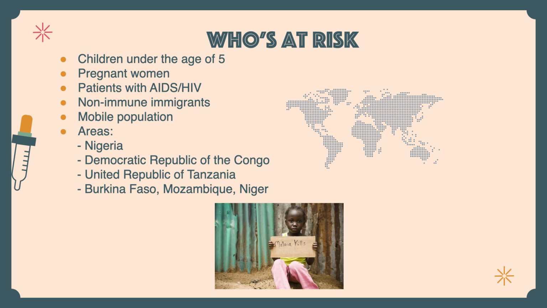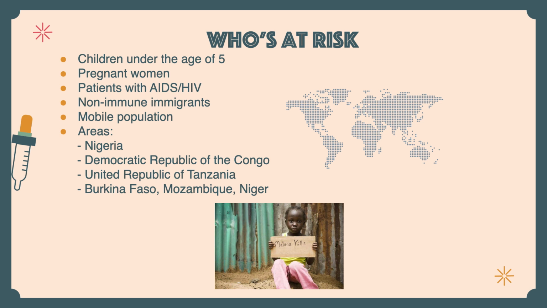Of these, Nigeria had 23%, Democratic Republic of the Congo had 11%, United Republic of Tanzania had 11%, and then the last three had 4%. This made up half of all malaria deaths, which is quite a bit.